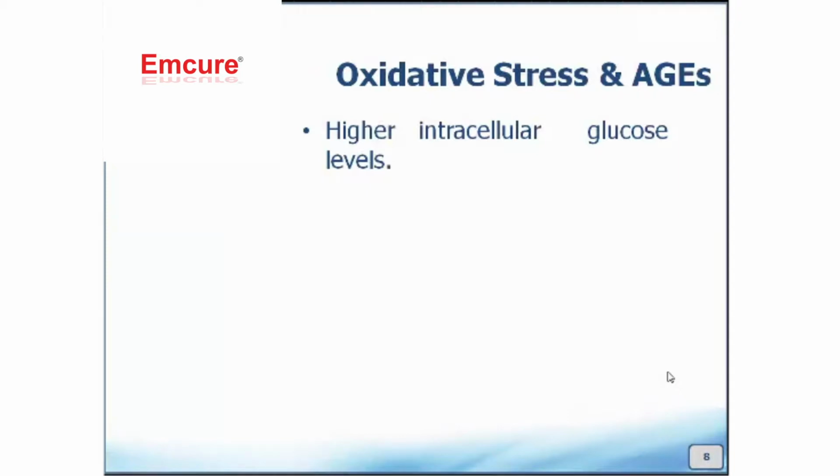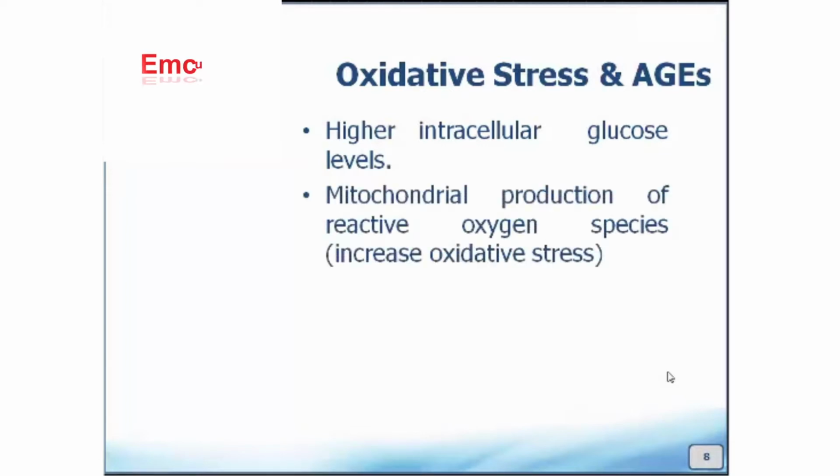It is a situation wherein a diabetic patient has difficulty in glucose uptake at the cellular level. So this condition brings higher intracellular glucose levels for a diabetic patient, which in turn gives high mitochondrial production of oxygen species, and these oxygen species increase the oxidative stress.